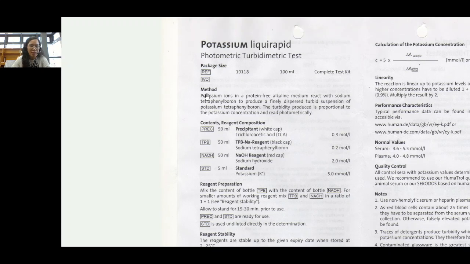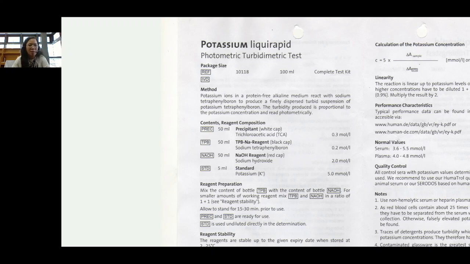So as you can see here, what is being used for the measurement is a turbidimetric na method, pero actually somehow related gamay sa katong inyuhang colorimetric method kanina na sa Lockheed and Purcell nyo, but try to look at the reagents being used for your potassium determination.